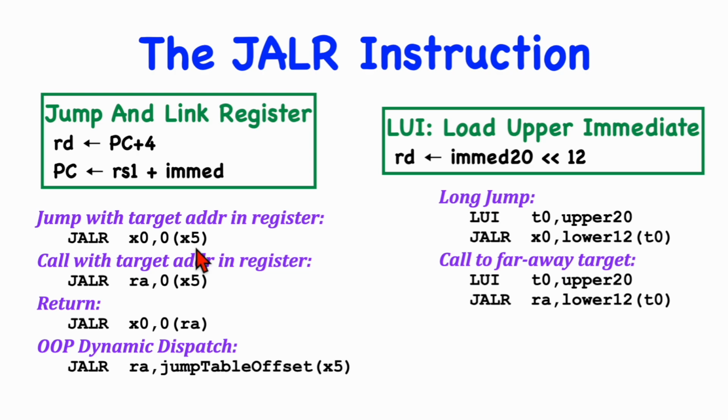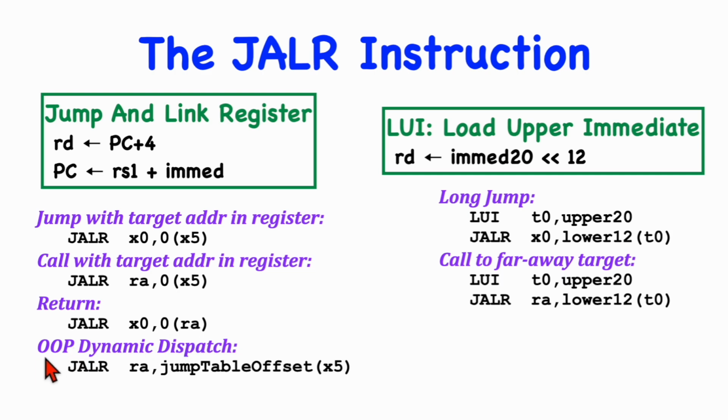That's shown here using some register such as X5. Second, we can use it as an indirect call where the address of the function is first somehow computed and placed in a register. Here's an example of that. Third, we can use the jump and link register as a return instruction. Here we see the return address coming from RA, the return address register.